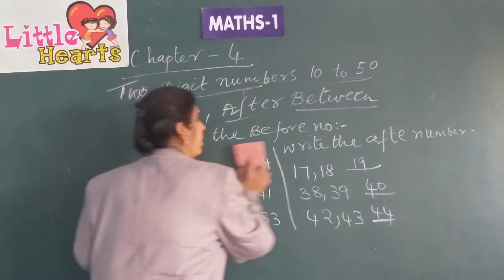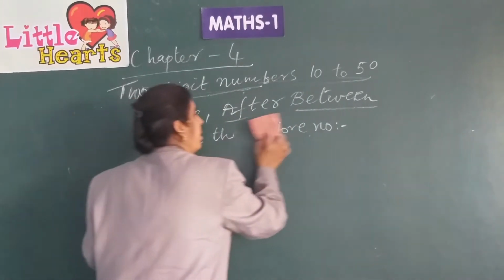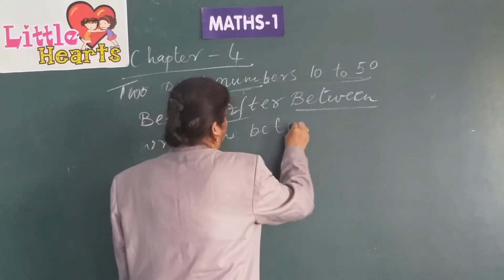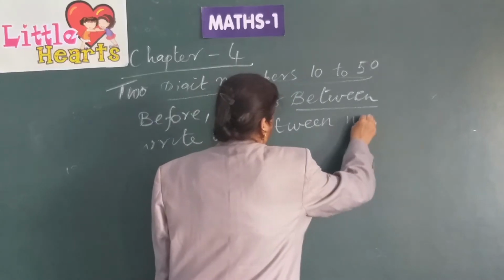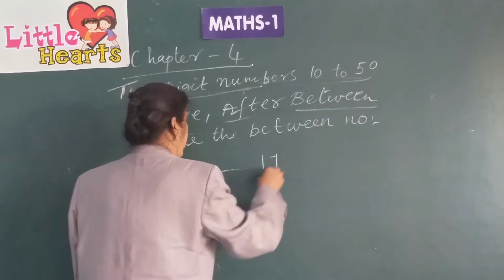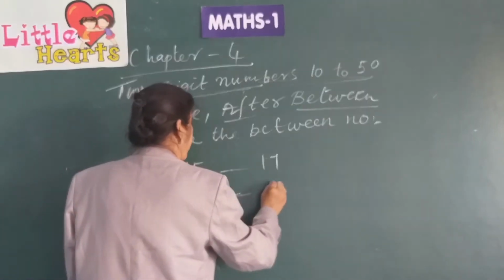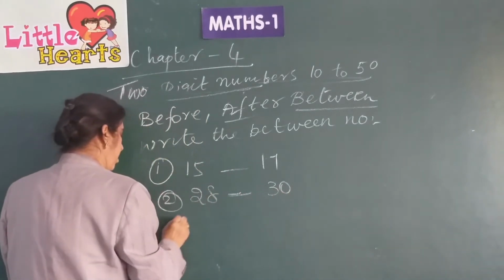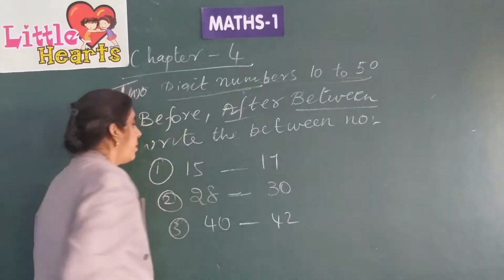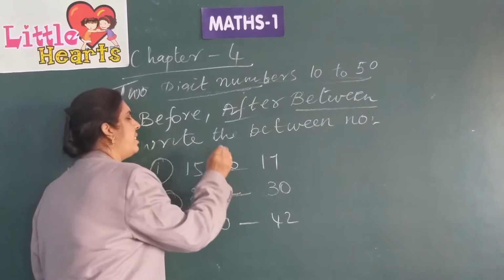Between number, write the between number. The number that comes between 15 and 17: 15, 16, 17.